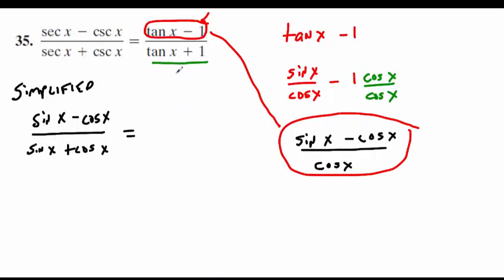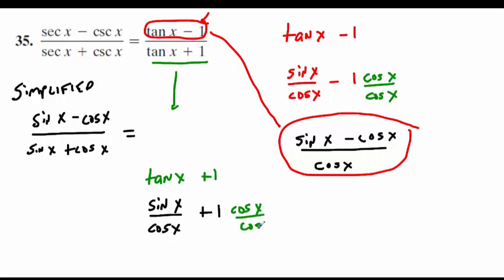Let's look at what the bottom looks like. So if I had tangent of x plus 1, once again, I'm going to change the tangent of x to sine of x over cosine of x, and then plus 1. So I need a common denominator, so I have to multiply by cosine x.